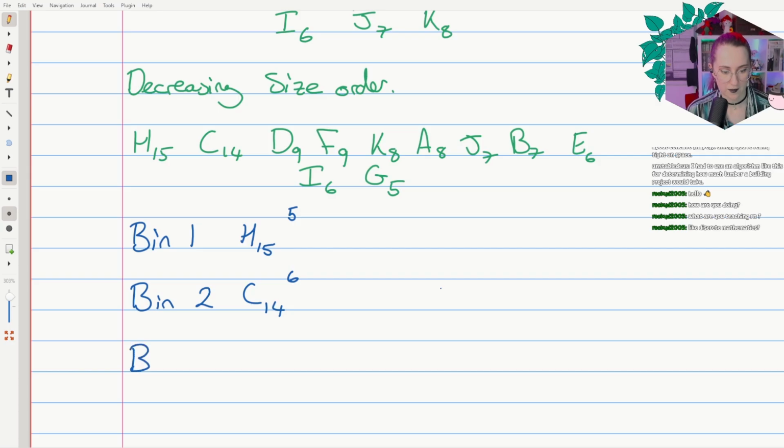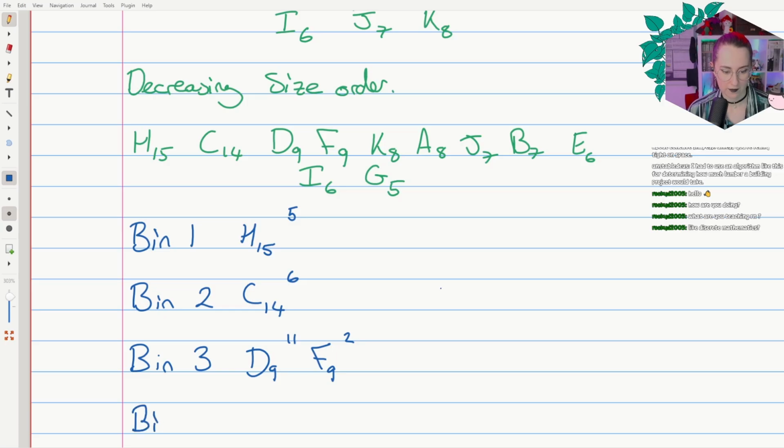And it's kind of a common trend. Basically what you're doing is you're putting the biggest things in their own bins first until you can start doubling up. So D9, remainder 11. And now finally we can put F9 in here, which is basically what we had before, right? That was actually the same as the fit first one.